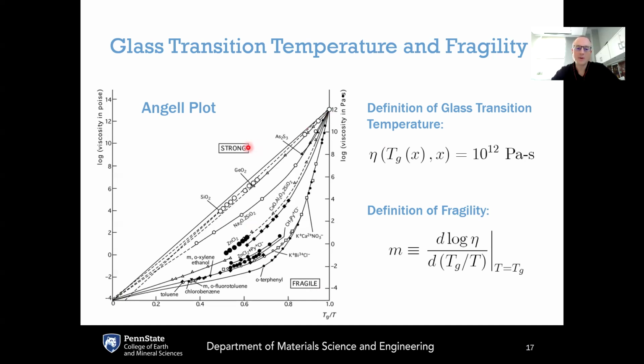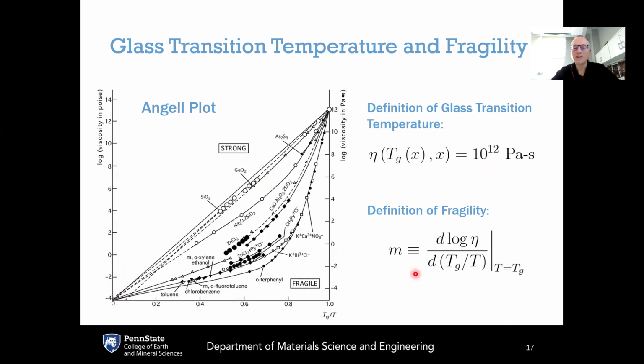So this Angell plot is important because it classifies liquids as either being strong or being fragile. It also shows us the common intersection points at the glass transition temperature because of the definition of the glass transition temperature as an isokom temperature where the viscosity is 10 to the 12 Pascal seconds, and the second convergence point in the limit of infinite temperature.